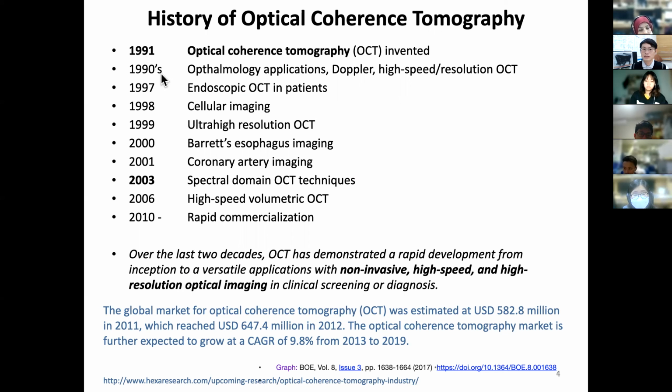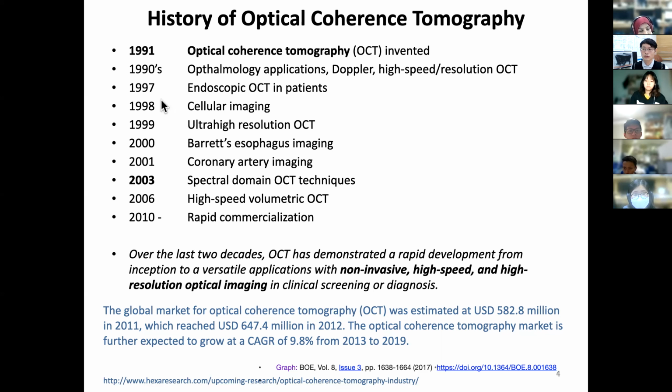And what happened is, right after this publication, people realized the importance of this and started to apply it to ophthalmology and invented another variant of OCT by adding Doppler. You can actually get some glimpse of dynamic aspects such as blood vessels. And soon the speed of OCT was greatly improved, and also the resolution was greatly improved, so that allows this technology to be readily applicable.